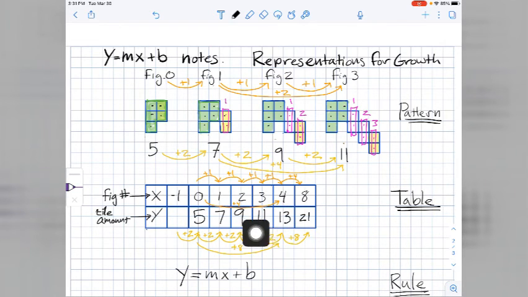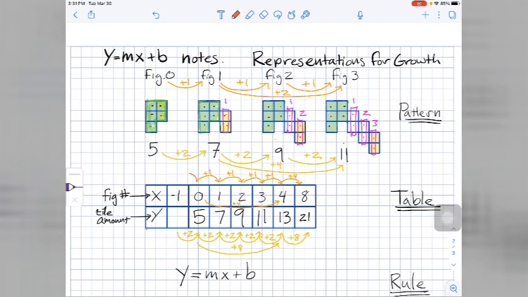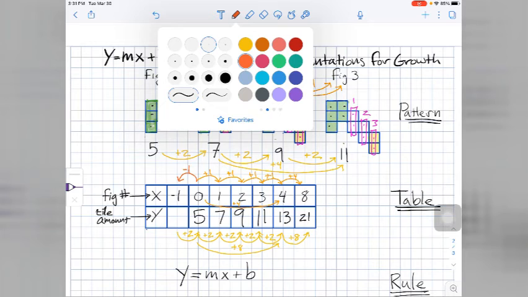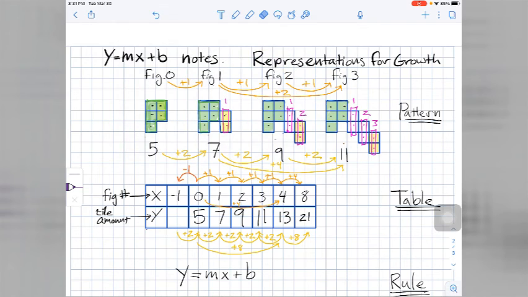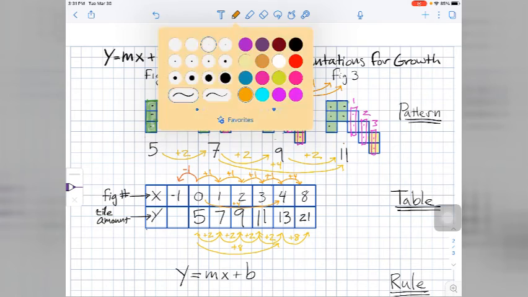Also, I can go backwards and use this table. When I go minus 1 here, instead of increasing by 2, it's actually going to decrease by 2. So I'm going to erase this one and go back the other way.